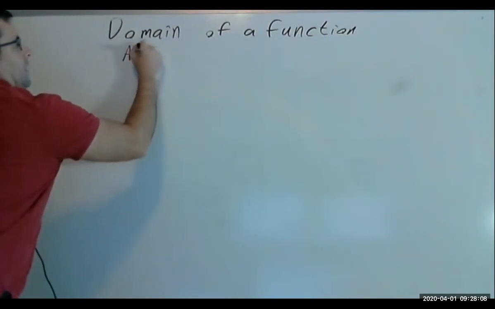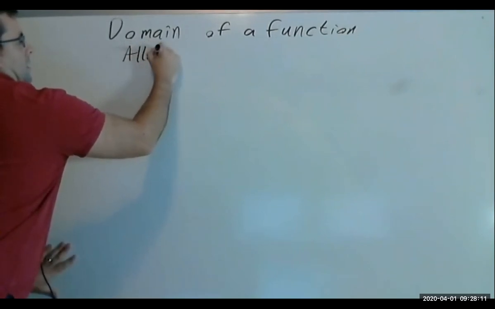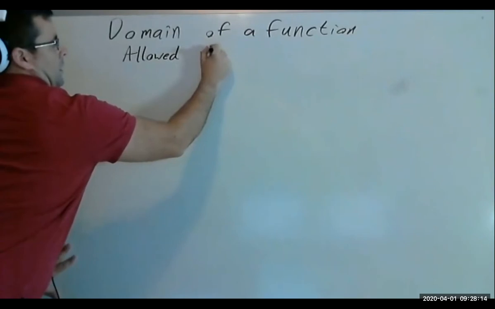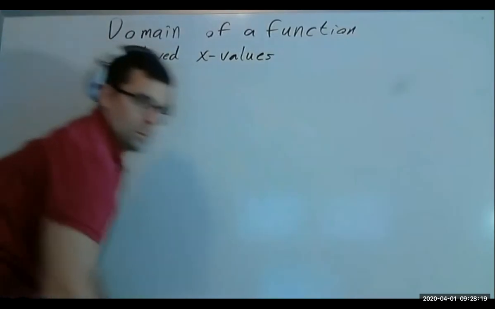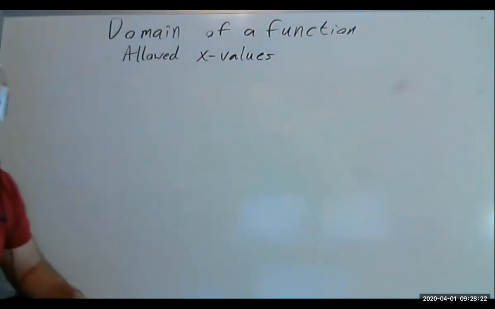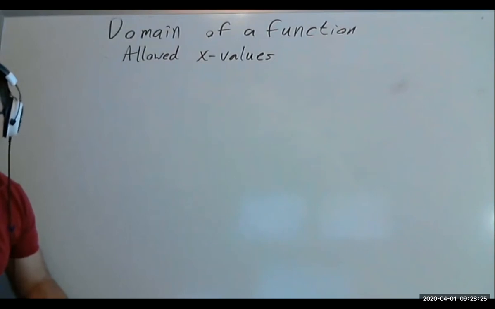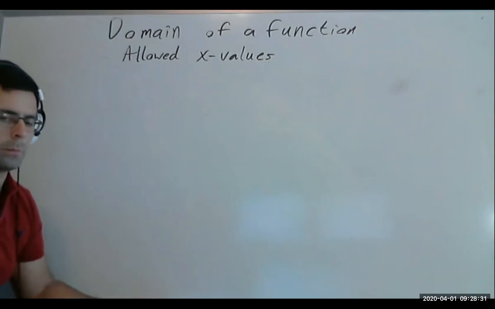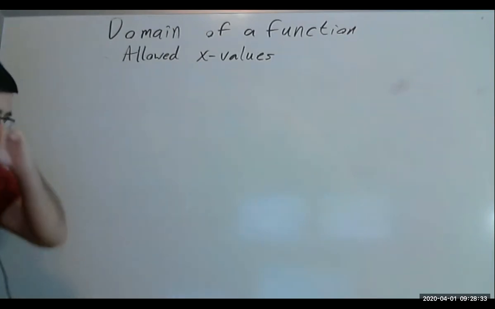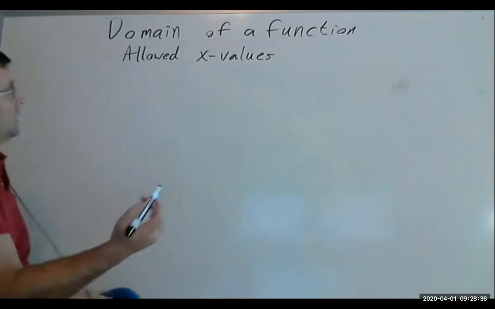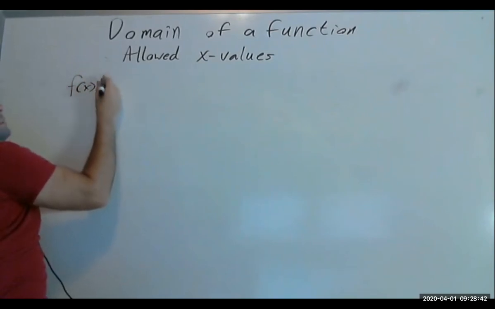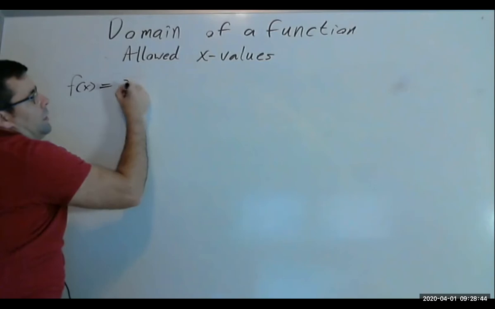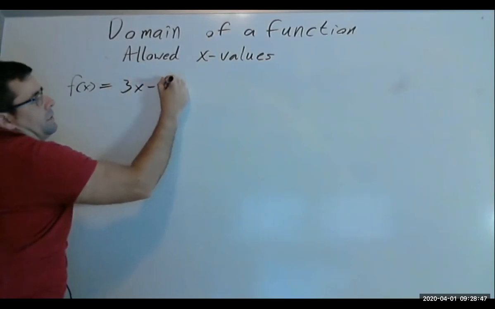And it's the allowed x values. So for the most part up to now, we've dealt with functions where you can pretty much put any x value in that you want. So something like f of x equals 3x minus 5.